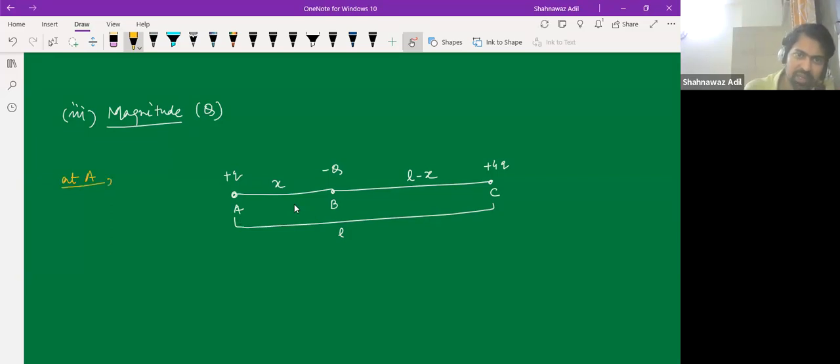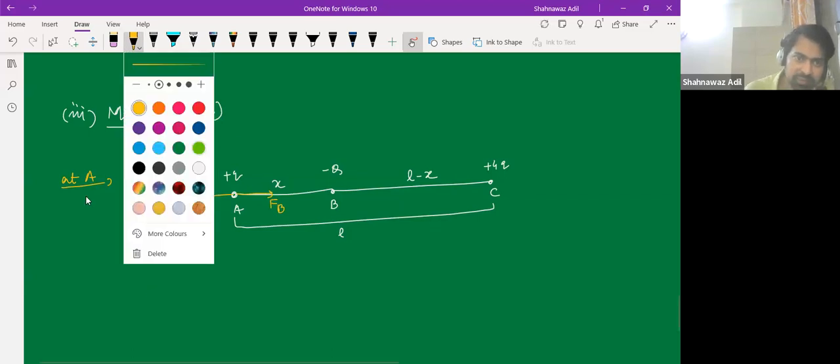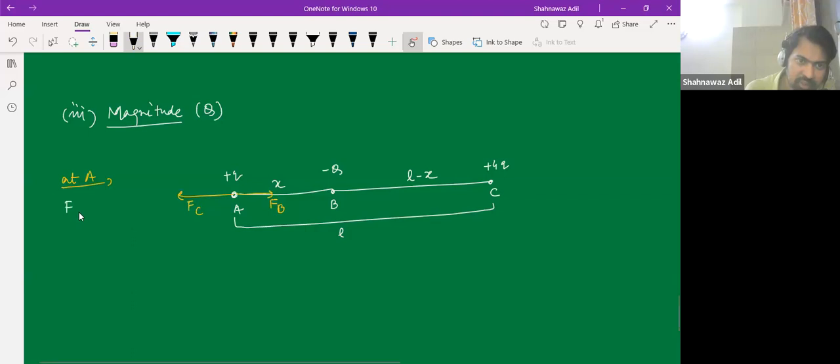At A point, we have written that this is FB, this is FC. So at A point, FB is equal to FC. Is that correct, Arsalam? So you tell me how much is FB.